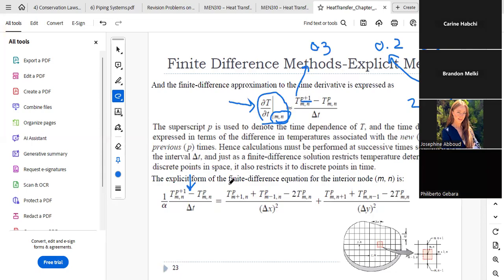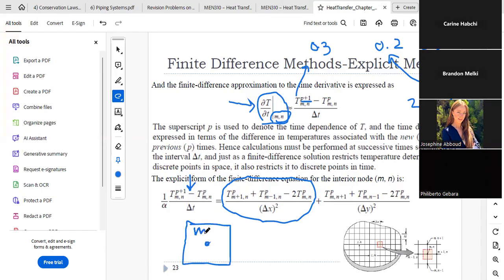So for the space term, I can replace the second derivative with respect to x by the following term, which is the temperature in cell m plus 1, n at time p. And to understand how we got this, if you take a cell, this is your cell, and we have at the center of the cell m,n.